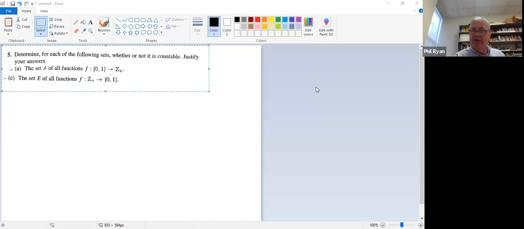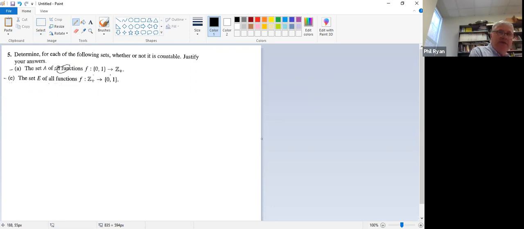Okay, and then the final problem from section 7 was number 5, A and E. 5A, well, that is going to be countable. And why is that?